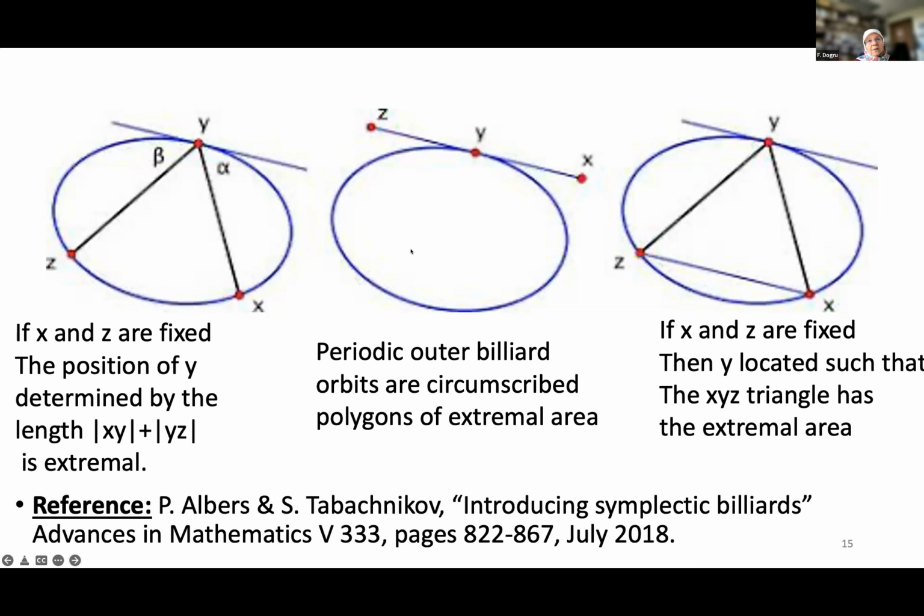For the outer billiards, we can think about this motion continuously. If we have a periodic orbit, that means we create a polygon which circumscribes the whole billiard table, and that polygon also has extremal area. Similarly, as we talked about a second ago, if we fix x and z, the location of y is such that this triangle has extremal area.